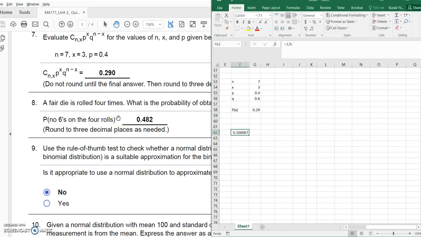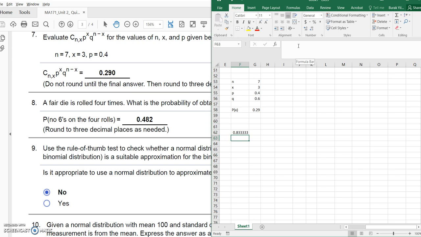So just think really simple. You're rolling a die, and any outcome is fine except 6. So the probability of rolling a 1 or 2 or 3 or 4 or 5 would be just 5 out of 6. So our probability is 5 out of 6, because we want anything but 6.